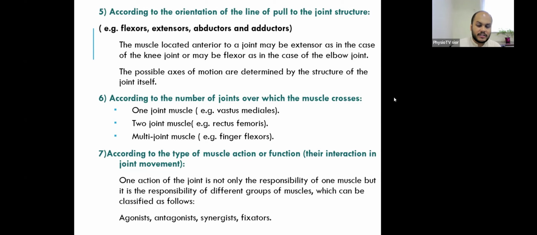Why are they called multi-joints is because when I'm talking about my long finger flexors, let's take the example of your flexor digitorum profundus. The profundus finds its origin above the elbow on the common flexor origin on the medial epicondyle of the humerus. It crosses the elbow joint. It travels on the anterior aspect of the forearm.